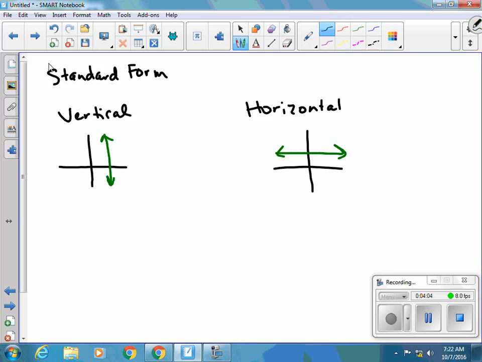If you have a vertical line, your B is going to equal 0. So it's really going to be in the form of ax plus 0y equals c. This will give you that vertical line. And with the horizontal line, the A is going to equal 0.